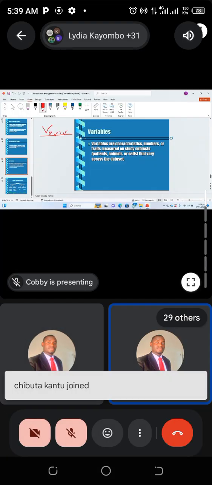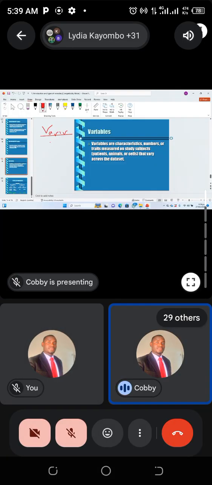When you are doing a research, you get information from people, or you measure some values from the people that are involved. So we have a patient here, and we want to get information from this patient. We are going to get different information.